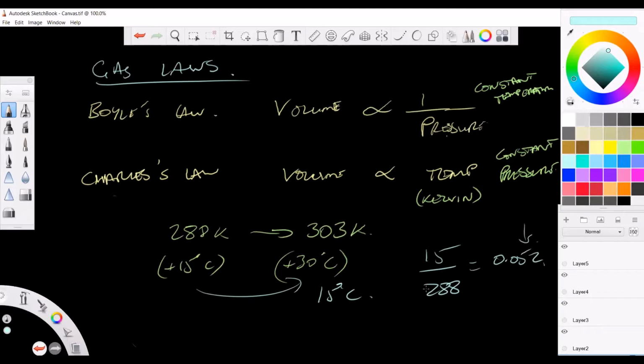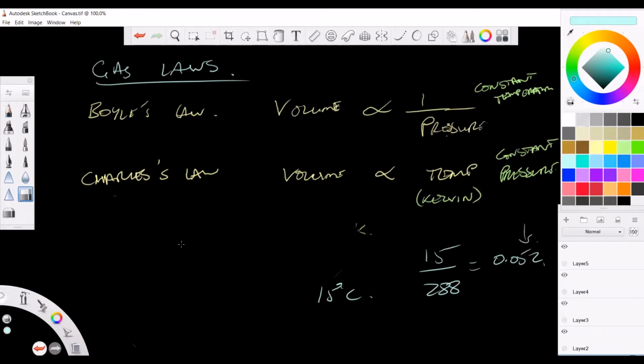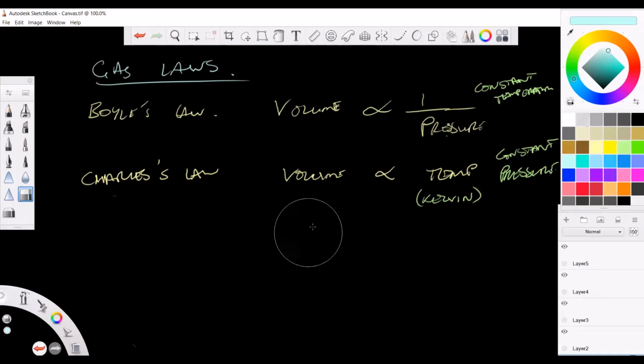So what's going to happen is we're going to increase the volume by 5.2%. Yeah, that's what it means. Now, I can't see them making you do questions much like that, but you are supposed to know the law, but I think on that one, you're more likely to be just expected to repeat the law. Anyway, that's Charles's law.